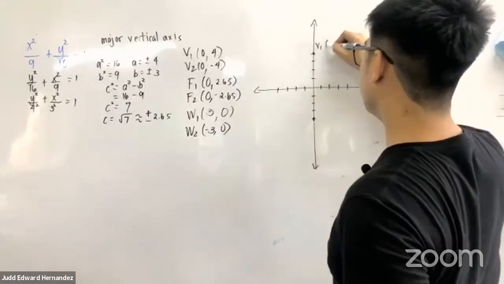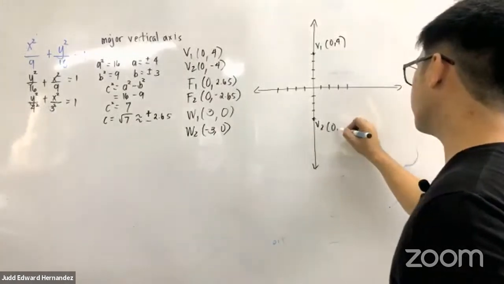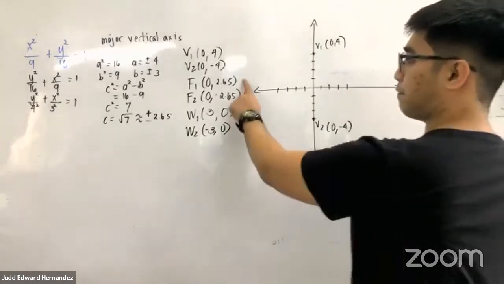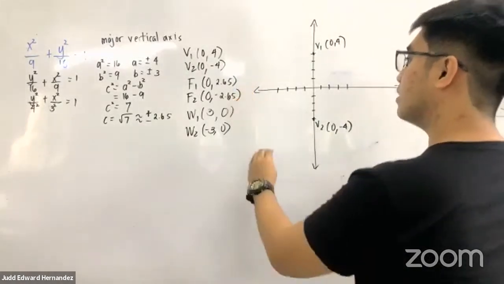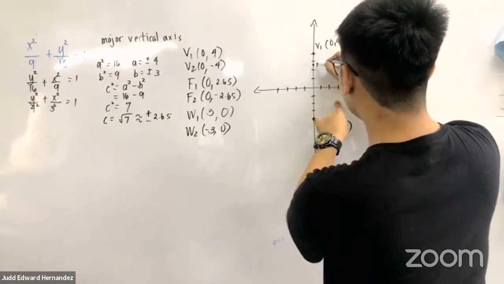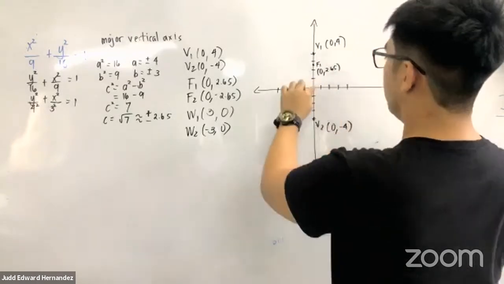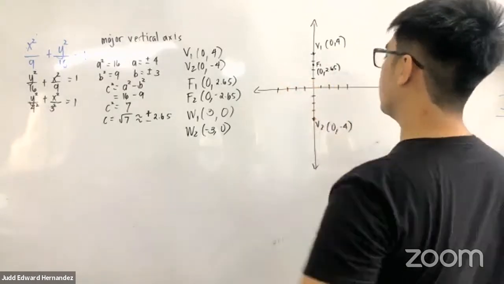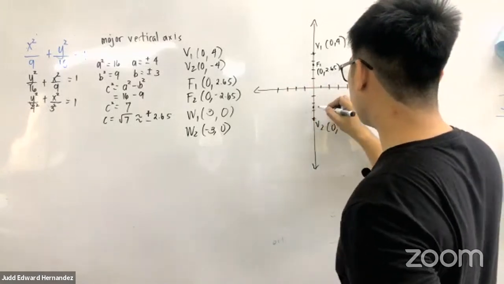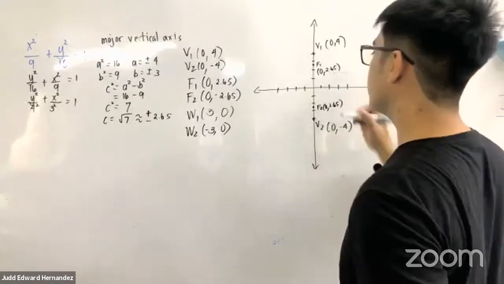This is our V1. The location is 0, 4. This is our V2. The location is 0, negative 4. Our F, the foci. That is 0, aangat ng 2.65. This is F1. Located at 0, 2.65. From the center, bababa naman siya ng 2.65. So this is F2. Located at 0, negative 2.65.